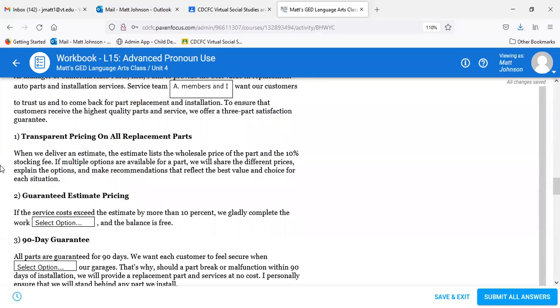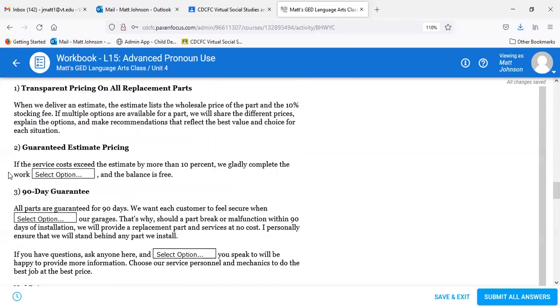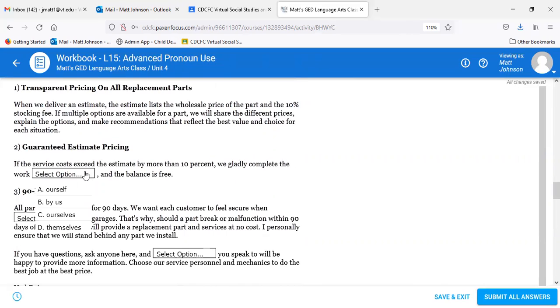Okay. So to trust us and come back for part replacement and installation, to ensure that customers receive the highest quality parts and services, we offer a 3-part satisfaction guarantee. When we deliver an estimate, the estimate lists the wholesale price of the part and the 10% stocking fee. If multiple options are available for a part, we will share the different prices, explain the options, and make recommendations that reflect the best value and choice for each situation. If the service costs exceed the estimate by more than 10%, we gladly complete the work.